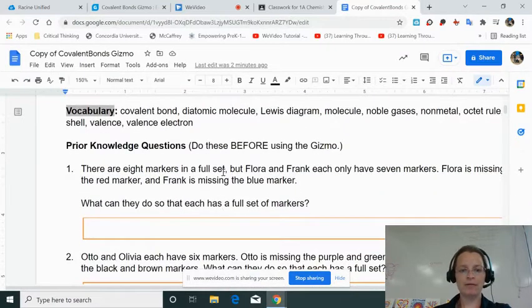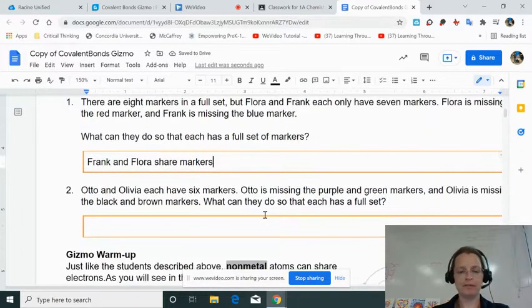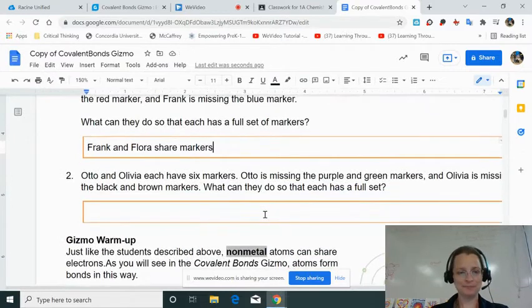So here we go. We have markers again, if you remember from the ionic bonding gizmo. But this time, instead of giving or taking markers, we're going to have Frank and Flora share markers. They share the red and the blue, if you want to be more specific.